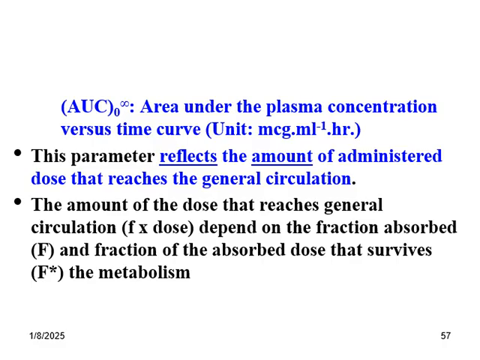The amount of the dose that reaches the general circulation is F times dose, where F is a fraction. It depends on the fraction absorbed, big F, and the fraction of the absorbed dose that survives metabolism, F star. If it cannot survive, what's the point? Because it cannot even reach the general circulation, although it can be absorbed. So it depends on two: the fraction absorbed and the fraction that survives metabolism.